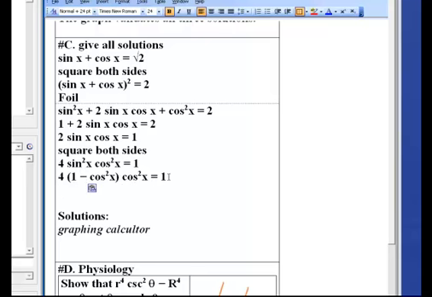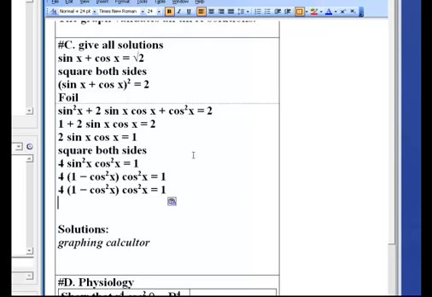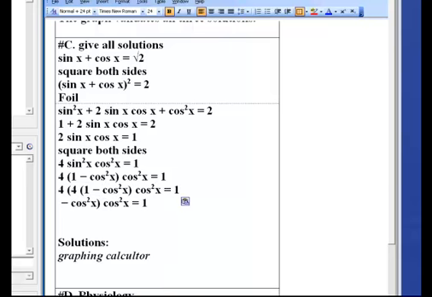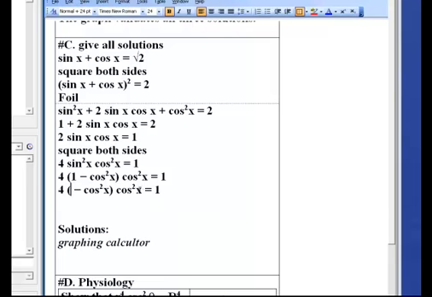Okay, then still not done. Now I'm going to distribute the cosine squared that's outside the parentheses. So as I'm going to distribute this one here, I'm going to have cosine squared here, and here I'm going to have cosine to the 4th power.